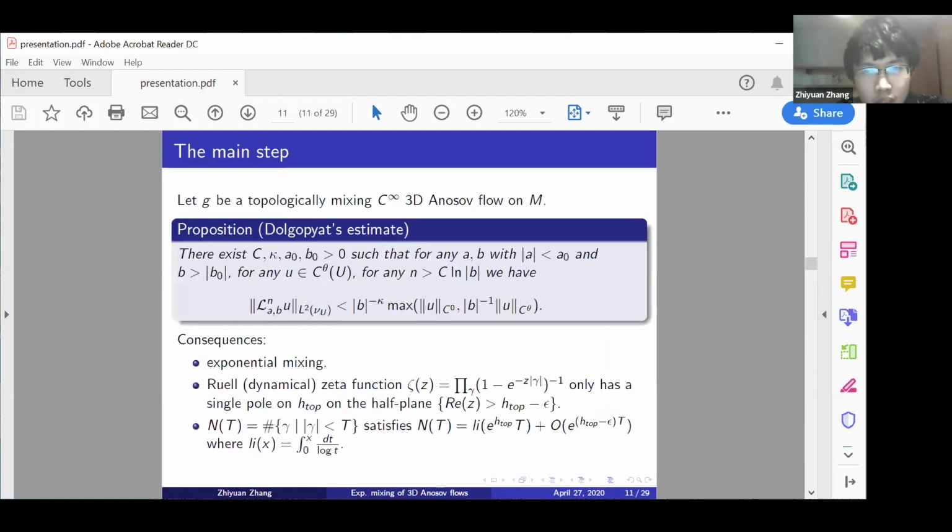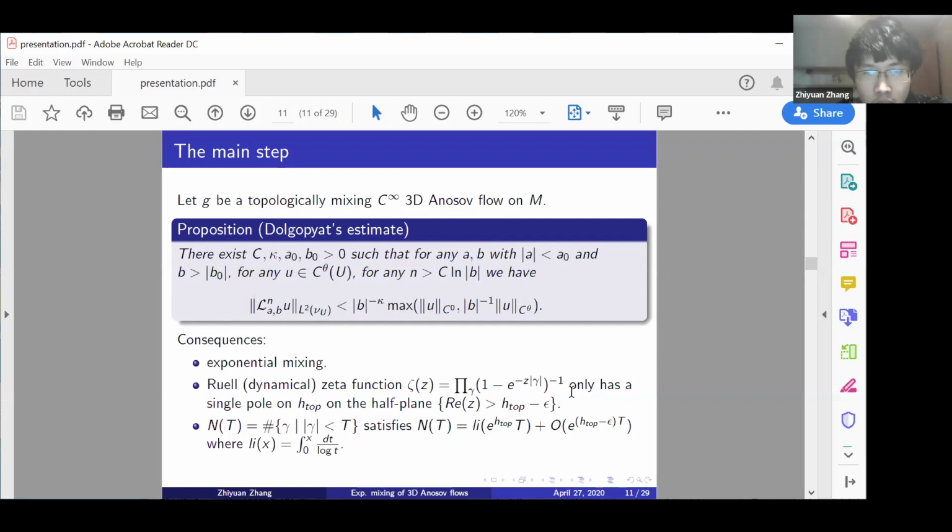Here. The dynamical zeta function is defined like this. You take the product over all the closed orbits, prime orbits. Then you consider this thing. So they show that when the flow is C-infinity, this function admits a meromorphic extension to the whole complex plane.